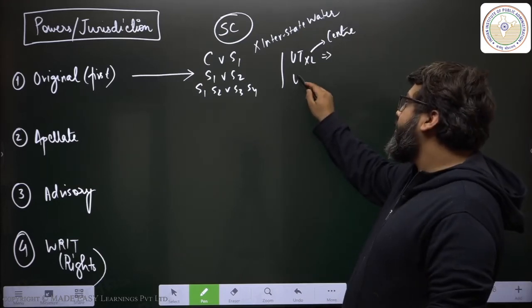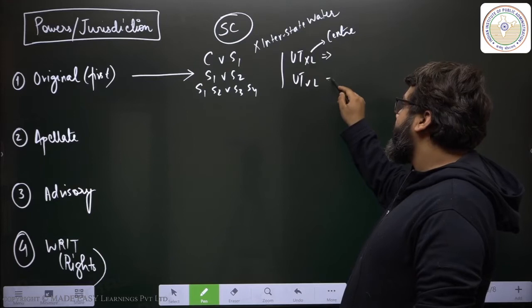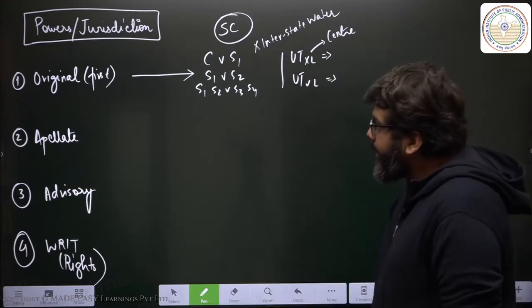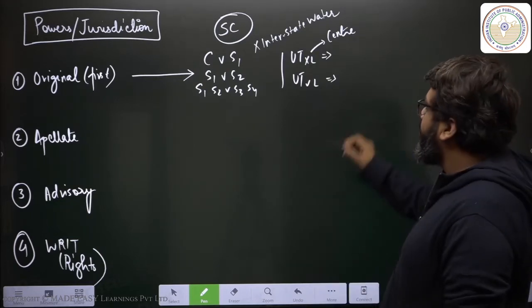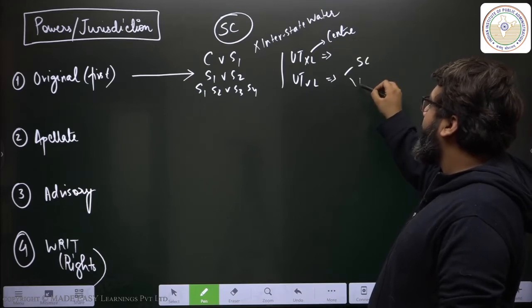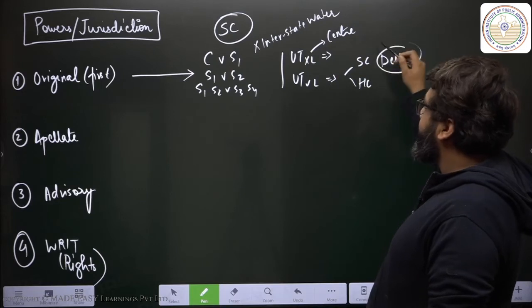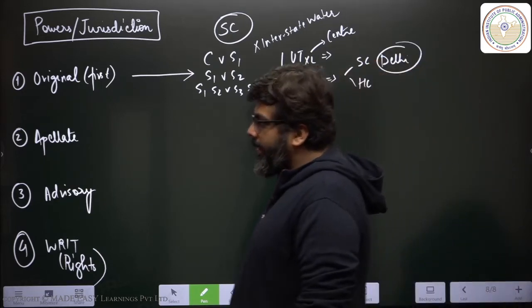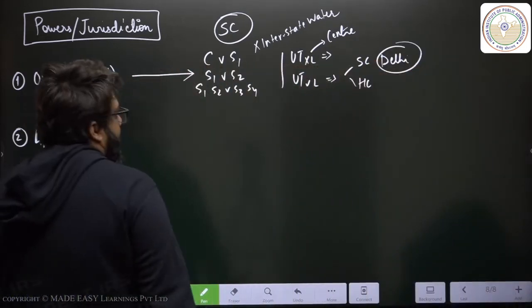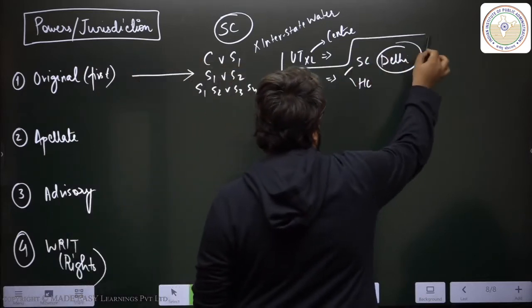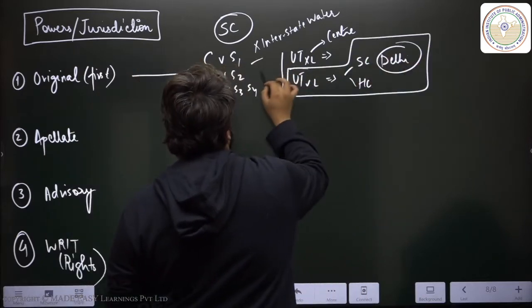And if it is a union territory with legislature, then depending on the issue, it can either go to the Supreme Court or the High Court, like the case of Delhi. Some cases went to the Supreme Court, some directly went to the High Court. So here, there is a little bit of complexity involved. This is extremely clear.